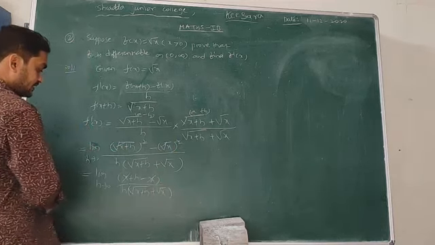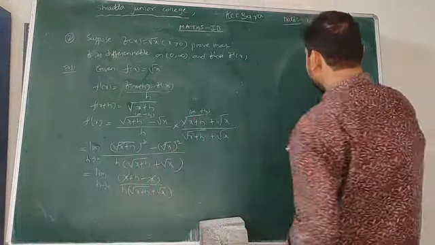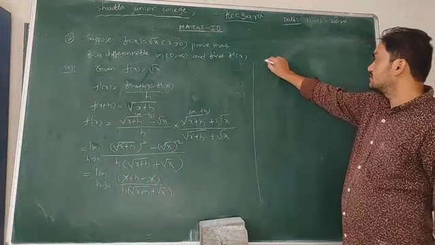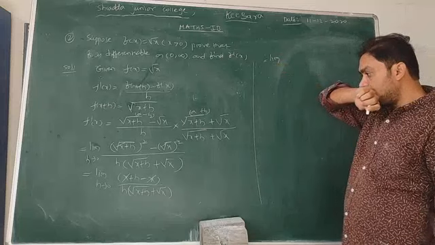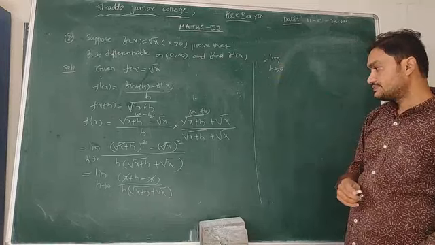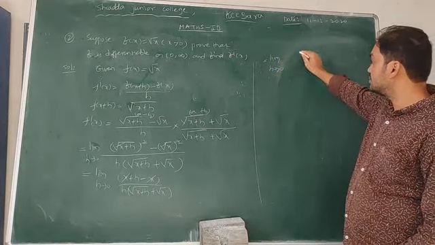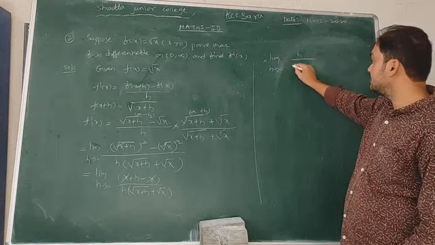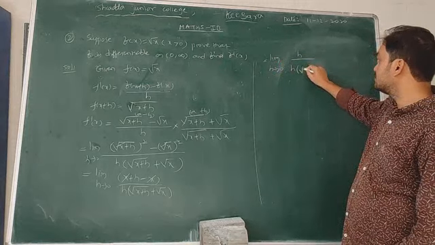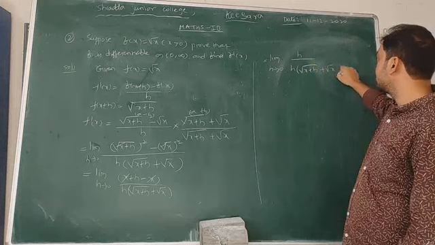Here plus x minus x gets cancelled. So now we can write this as limit h tends to 0, h by h into square root of x plus h plus root x.